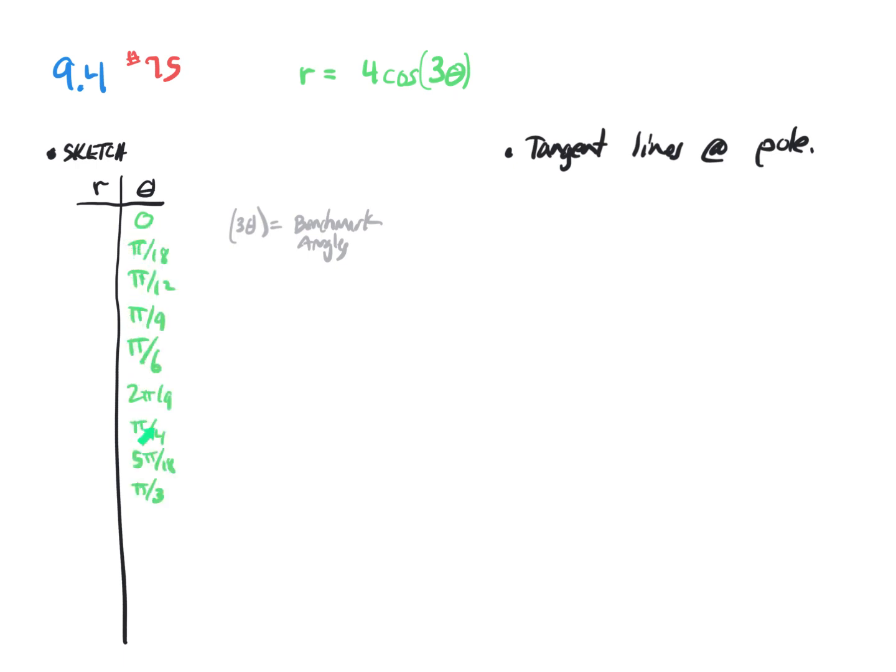So this series of theta values will, when multiplied by 3, give us our benchmark angles: 0, pi over 6, pi over 4, pi over 3, pi over 2, 2 pi over 3, 3 pi over 4, 5 pi over 6, and pi. So we can now evaluate these without a calculator, multiplied by 4, and get our corresponding r values.